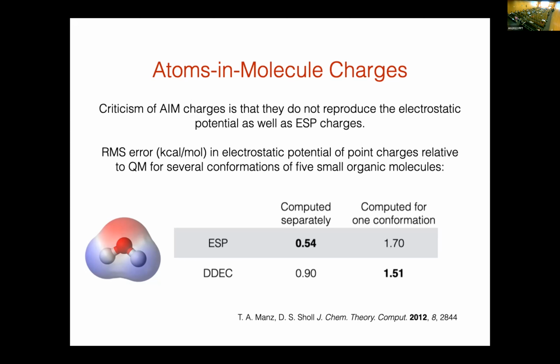However, these charges are not always the most transferable between different conformations. If you compute your charges on one conformation and then look at a range of different conformations, the two methods become much more similar. So you need to take into account the transferability of the charges as well, which is not always done. But we do use these virtual sites as well to improve things too.